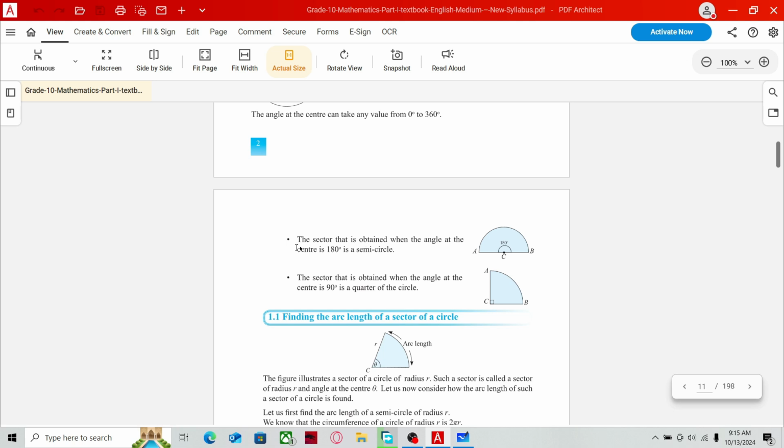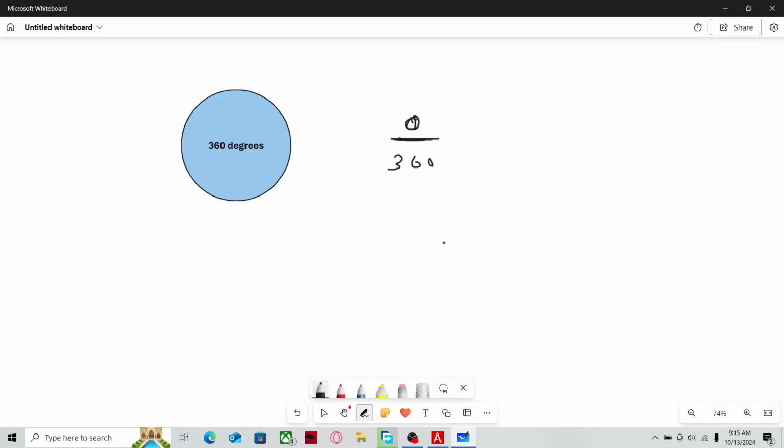The sector that is obtained when the angle at the center is 180 degrees is a semicircle. So that means what? Suppose you have a half of the circle.